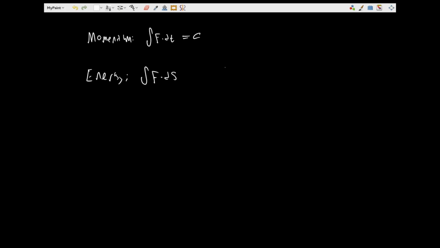Another way of writing this would be that the momentum at one point, plus an impulse, which is going to be your force over some time, is equal to some new momentum. So momentum is only going to change if you have an external force acting on your system.